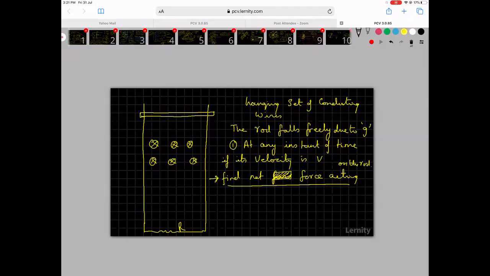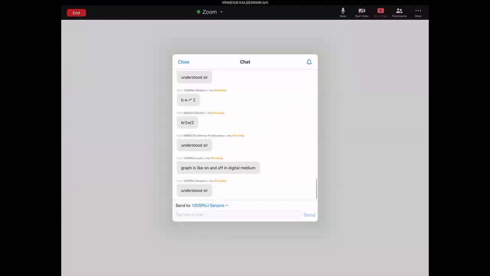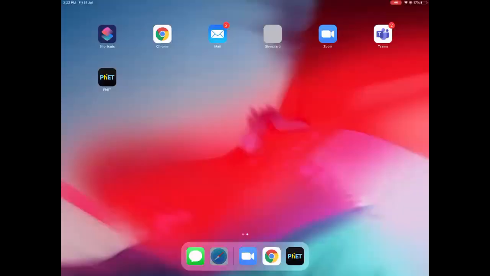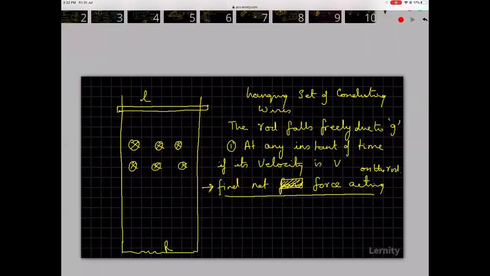This is L. Find the net force acting on the rod.